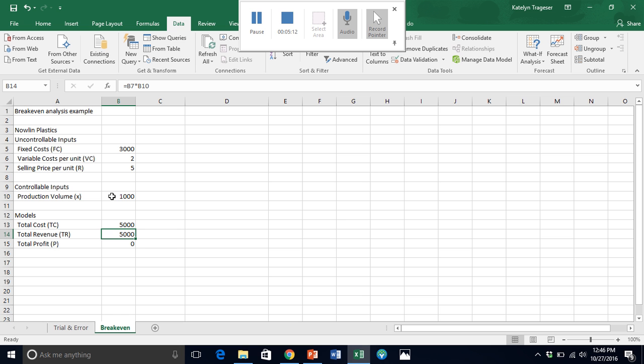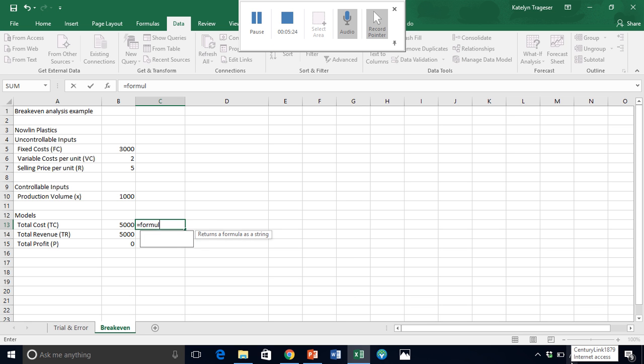Now to look at a few more things that Excel can do. If we wanted to see the formulas entered in these cells, we could go to another cell, push equals, and type in the words formula text, open parentheses. Now I need to click on the cell I want to see the formula text for.